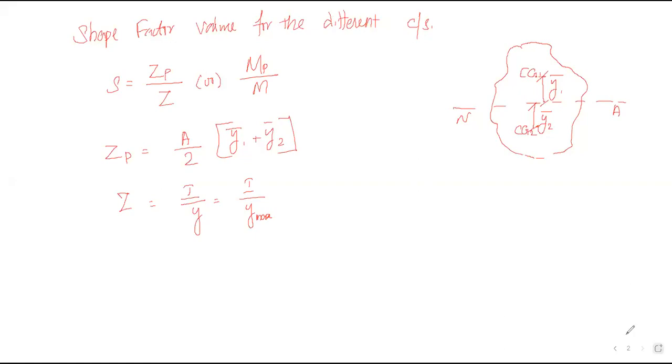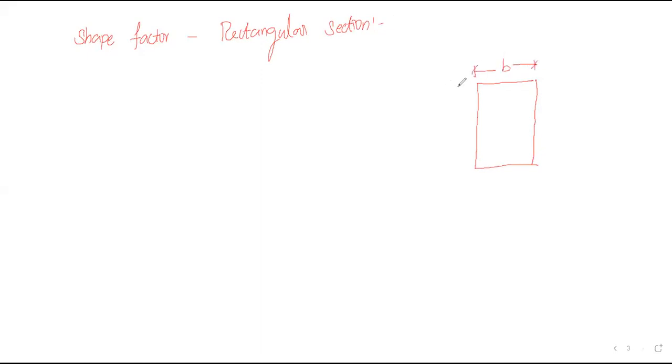Now, first of all, we should go for shape factor for the rectangular section. Okay. So this is our rectangular cross section. It has the breadth B and the total depth small d, and has the neutral axis at its center.